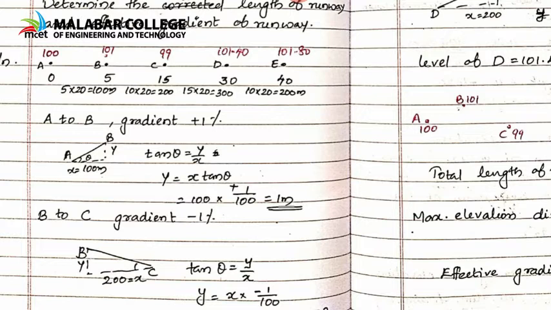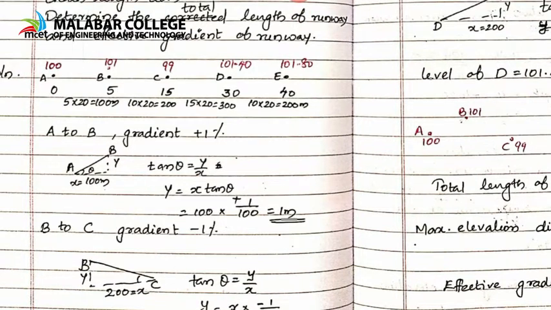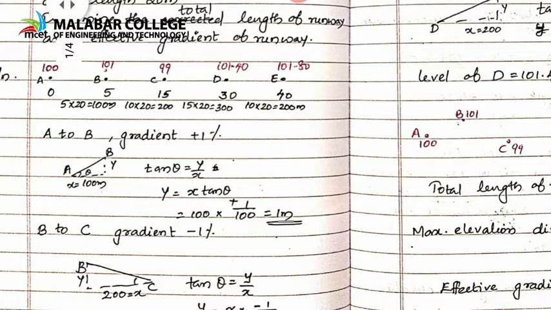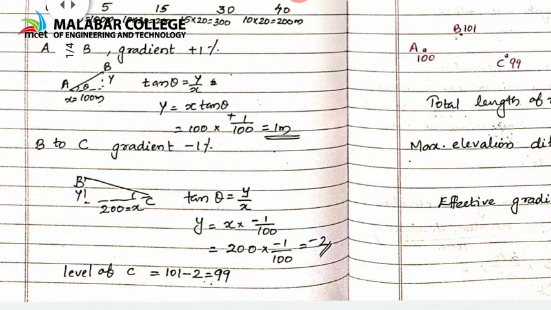Then we consider the point A, the level at point A is 100 meter. Then the level at B is 100 plus 1 meter, that is equal to 101 meter. Then consider point B to C. Gradient is minus 1%, that means decreasing gradient B to C. The horizontal distance is 200 and vertical distance y. Tan theta is equal to y by x, y is equal to x into tan theta.